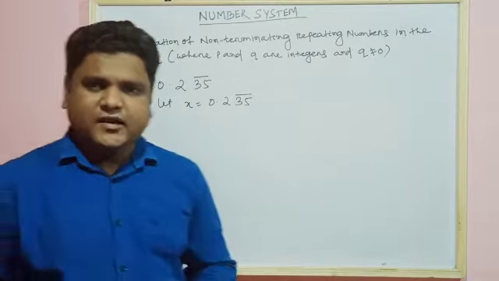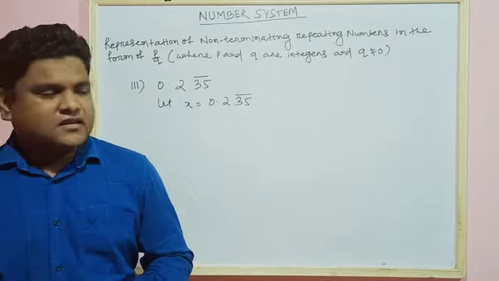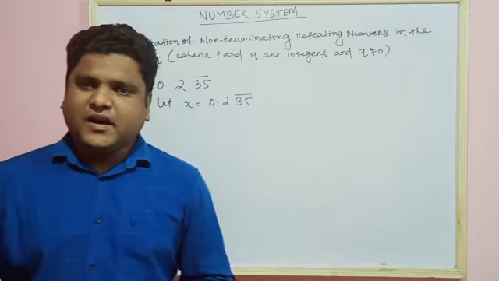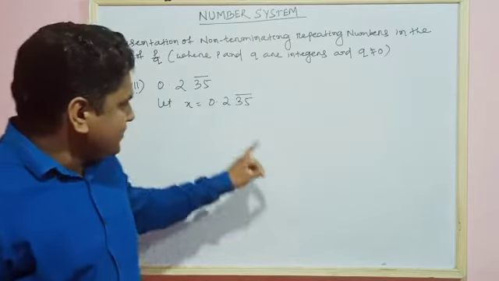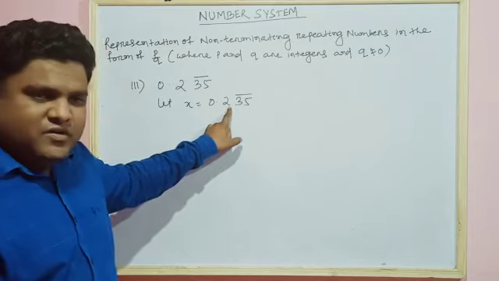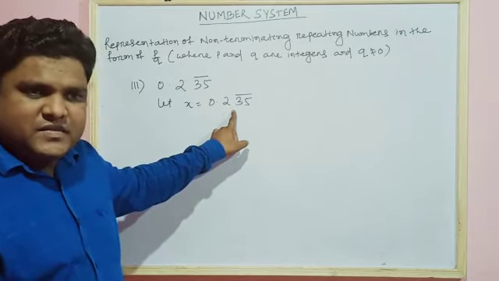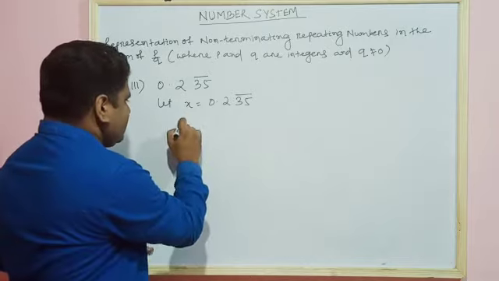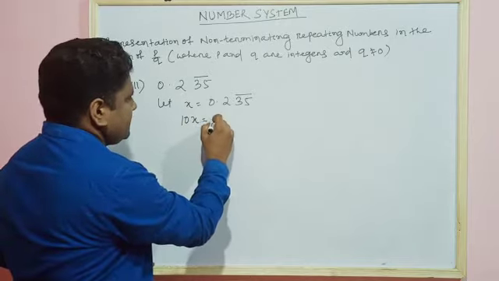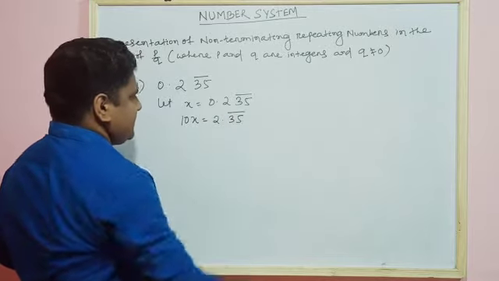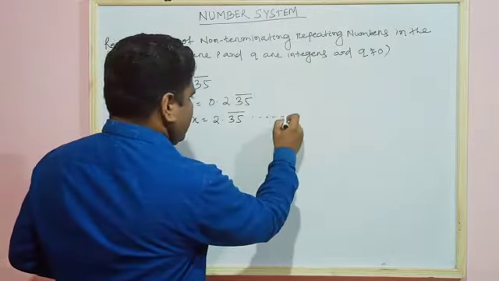Let's multiply 10. Why do we multiply 10? Because after the decimal, how many digits are there where bar is not present? That is only one digit where bar is not present. So we have to multiply with 10. Please remember this. So 10x will be equal to 2.35 bar. Let it be equation 1.